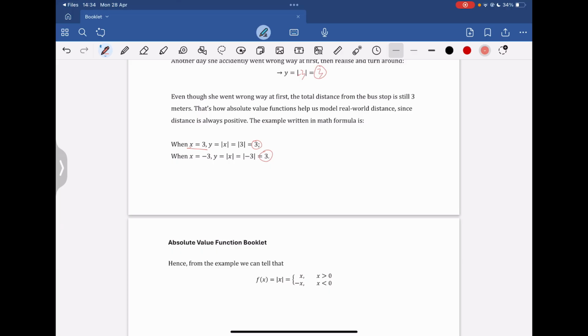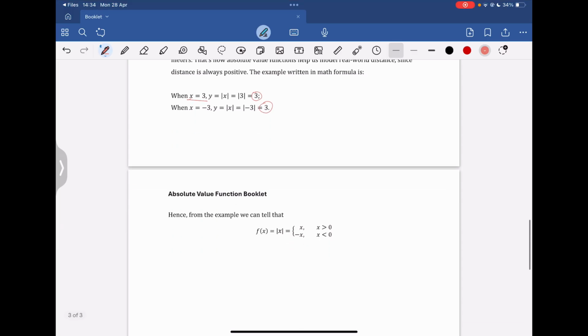However, if x is smaller than 0, meaning x is negative, the absolute value is negative x. Very good. And now, we know that the domain of f(x) equals absolute x is all real x.